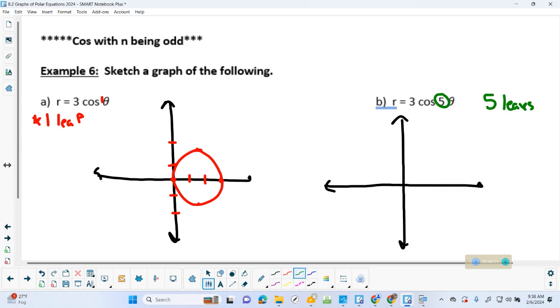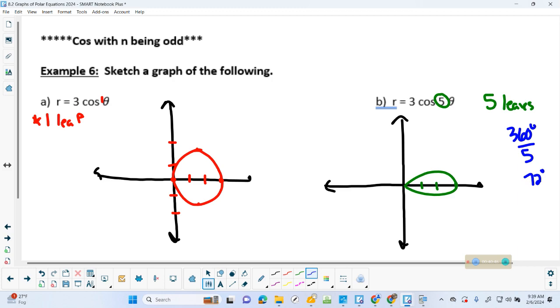I'm just going to go ahead and mark the first one, 3 out, on the positive x-axis. Always. Now, to get the remaining leaves, of course, is full circle, 360. 5 total leaves. What's 360 divided by 5? 72. So now we're going to add 72.